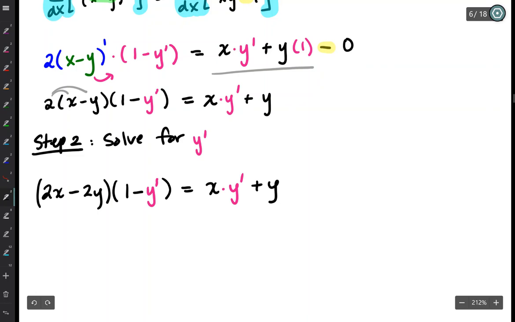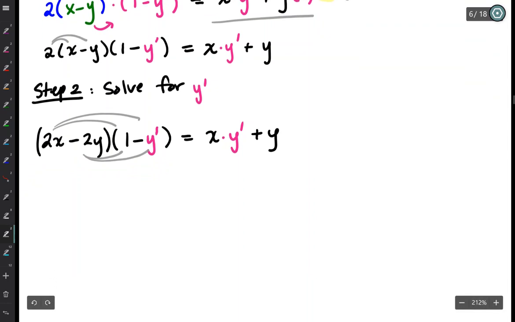All right. And to solve for y prime, I need to get all of those y primes on one side of the equation. This one is tied up in this multiplication, so first I have to go ahead and use my distributive property, and then I will be able to get all of my terms that have y prime in them on one side of the equation. 2x times 1 is 2x. 2x times a minus y prime is minus 2x y prime.